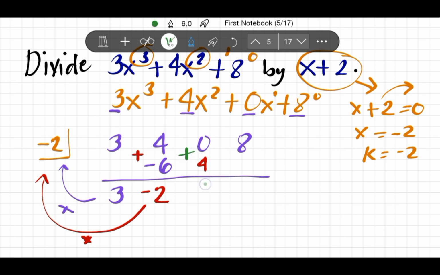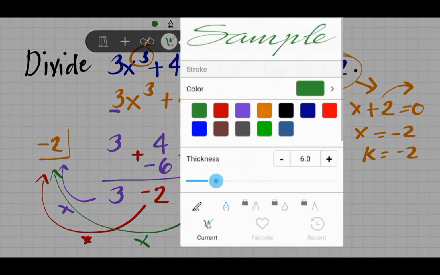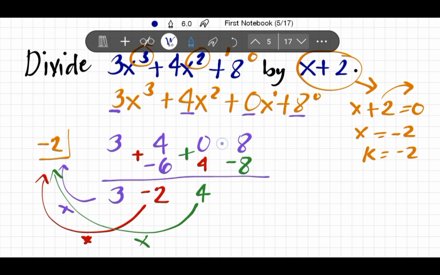So 0 plus 4 is 4. And then repeat the process. 4 times negative 2 is negative 8. And now, add them. 8 plus negative 8 is 0.